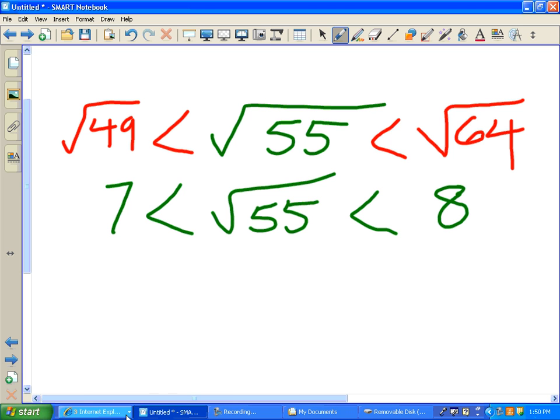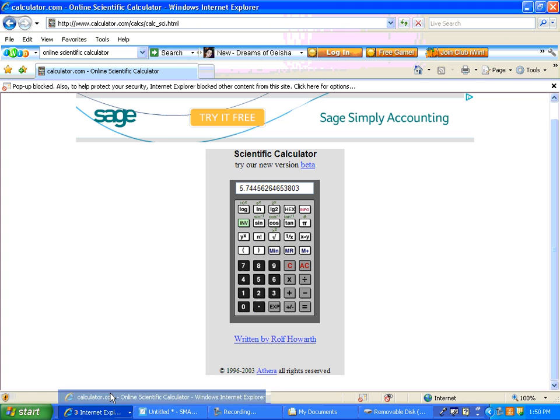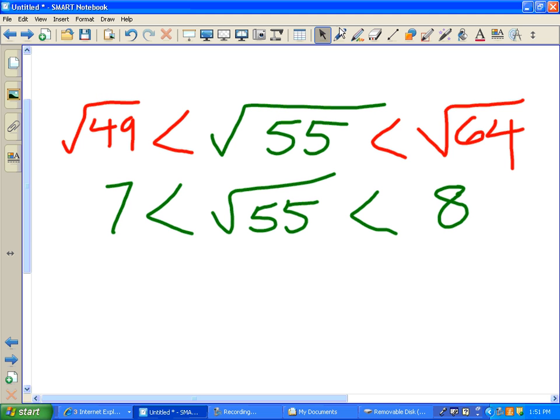So let's go back to our trusty calculator and do our root of 55. So I'll punch in 5, 5, and then press the root symbol on the calculator, and I'm going to go one decimal place, which is 7.4 is your answer. And let's see if that makes sense. 7.4 is less than 8? Sure it is.